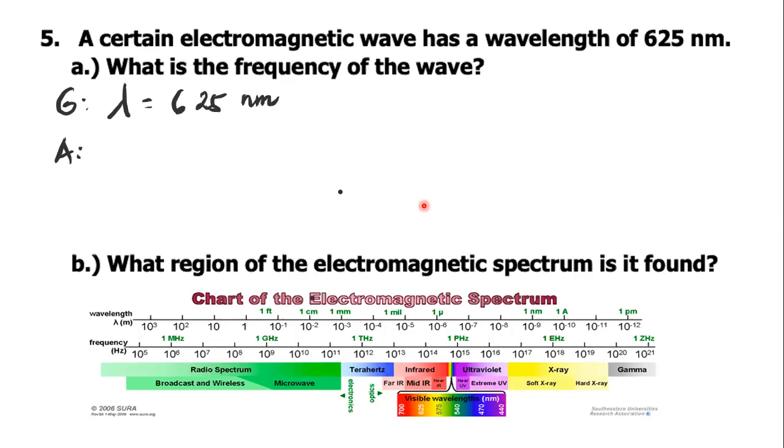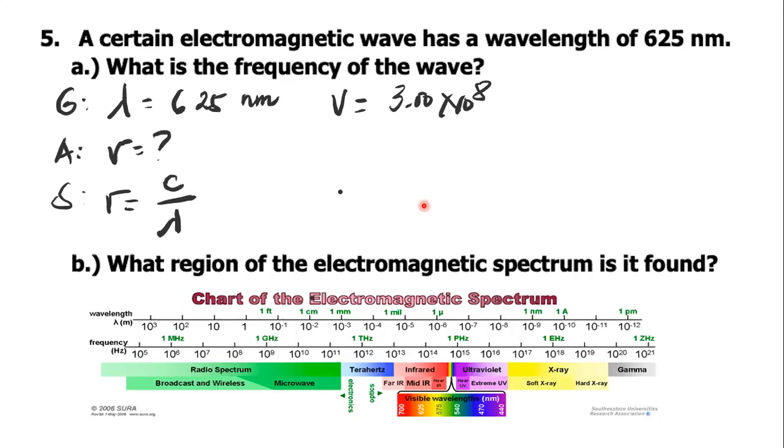Frequency is unknown. So solution, frequency is speed of light divided by lambda. So we have frequency is 3.00 times 10 to the 8th meter per second, that's the speed of light, divided by our 625 nanometers.